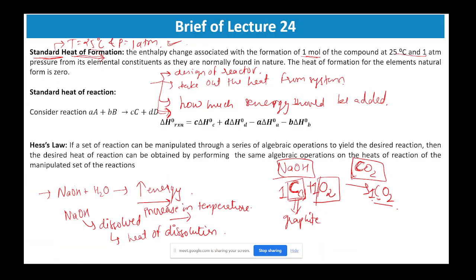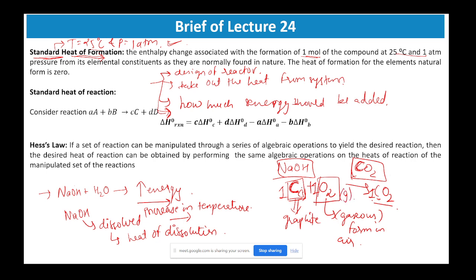Now for oxygen, it is usually present in air in the gaseous form. So the elemental constituent or natural form of oxygen is gas.